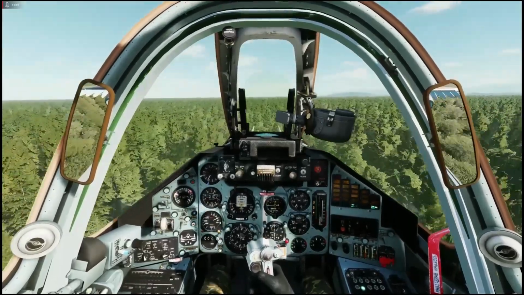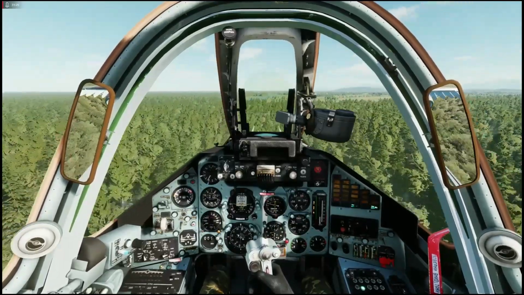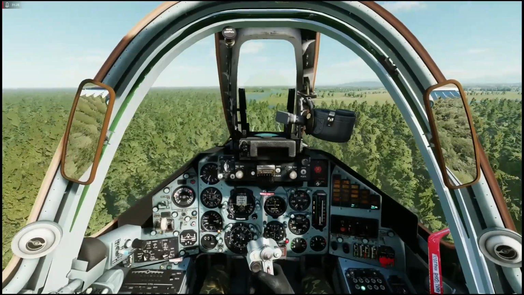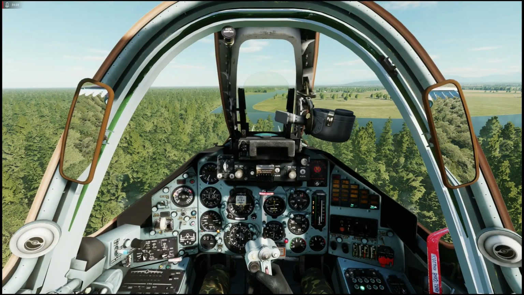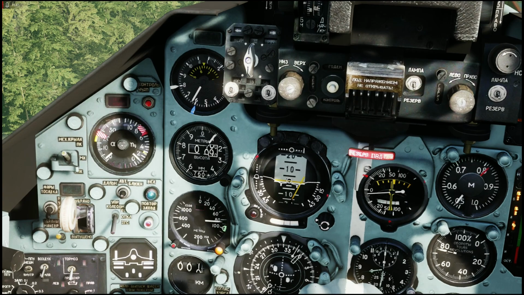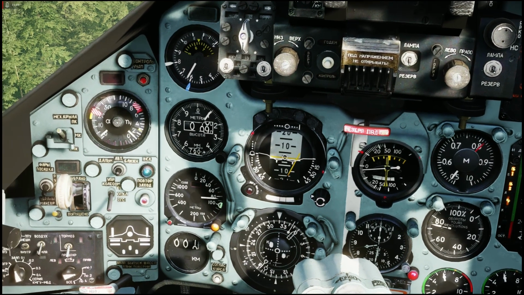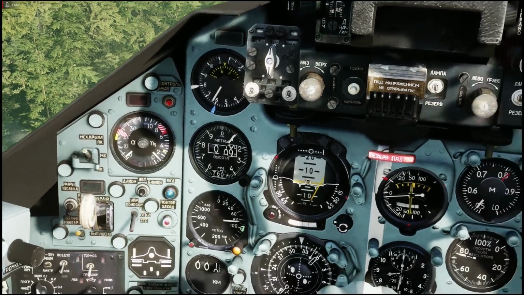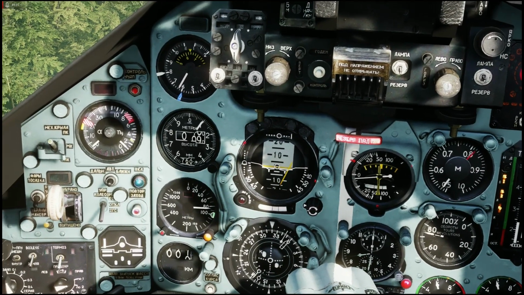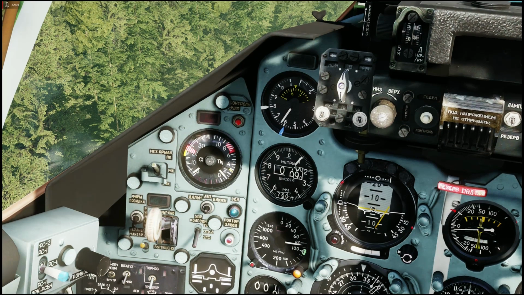You can see on the ADI the yellow horizontal lines. So it is much easier to use it this way. If you don't remember which altitude you are briefed at, always look at the yellow horizontal line. That line represents the briefed altitude you must be at. Instead of looking at that, I'm just looking at the barometric altitude now, because let's say I'm at that line and the nearest logical number will be 100 meters.